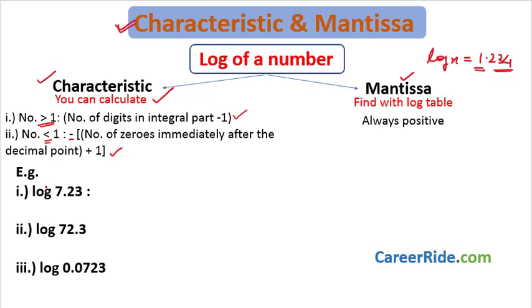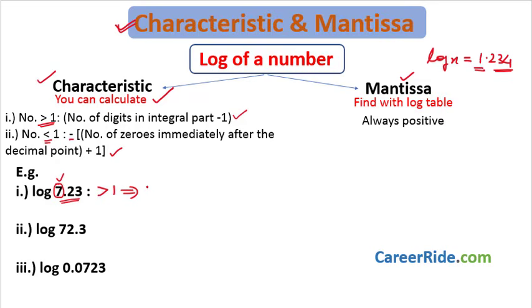Let us take an example. If I am required to find the log of 7.23, I see that the number is greater than 1 definitely, so my first rule would apply here. The number of digits in the integral part, which is the part before the decimal point. How many digits are there? Only one digit, that is 7.